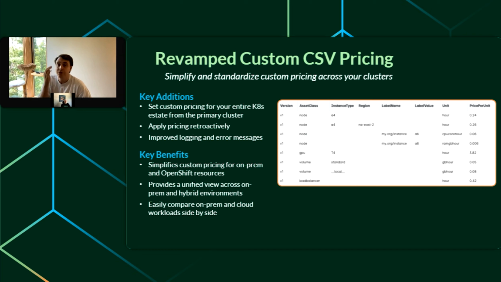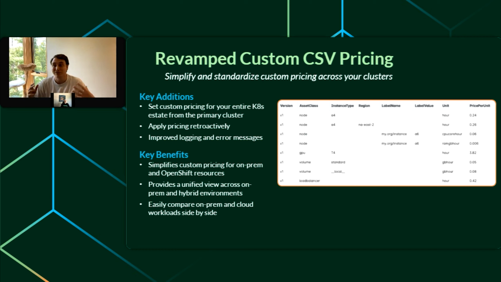So we've made a few key additions to this experience to make it a lot more impactful for these users. Number one, prior to Kubecost 2.8, you used to have to provide one of these custom CSV pricing sheets for each cluster.